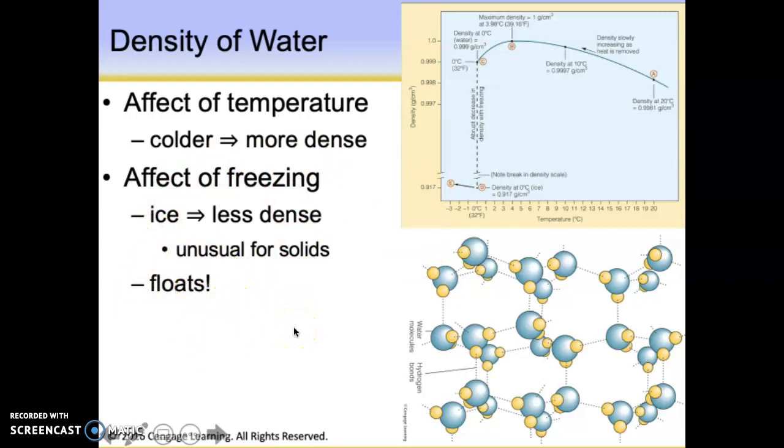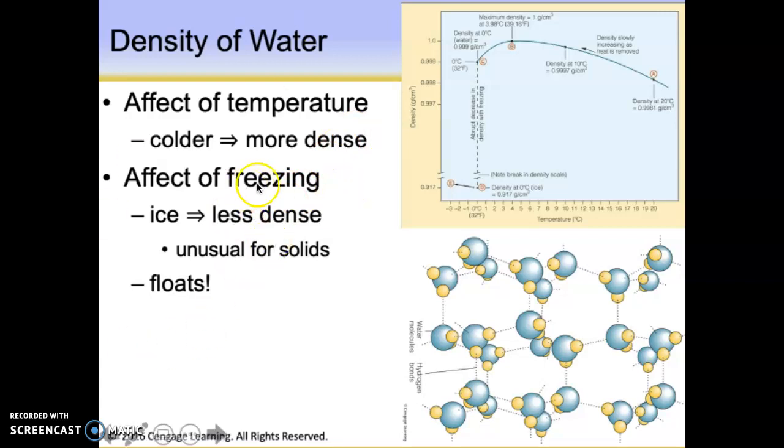One of the important aspects of this is that because ice floats, it is susceptible to receiving energy from the sun. So the sun can then melt the ice that's floating on the surface of the ocean.